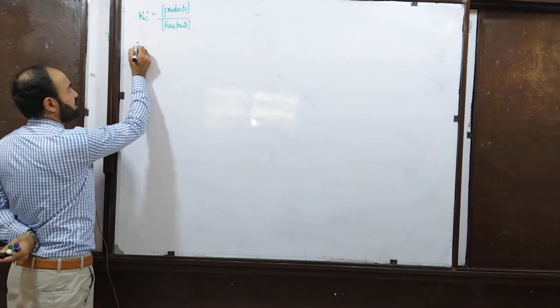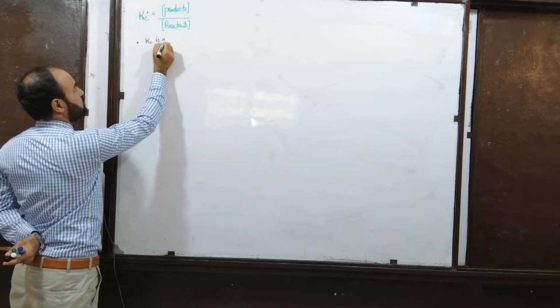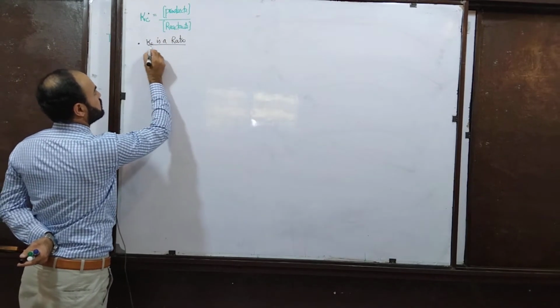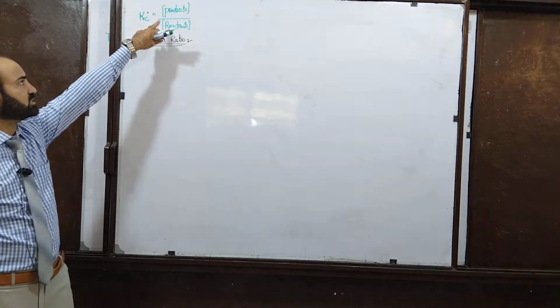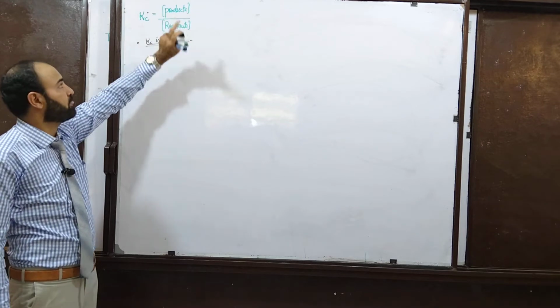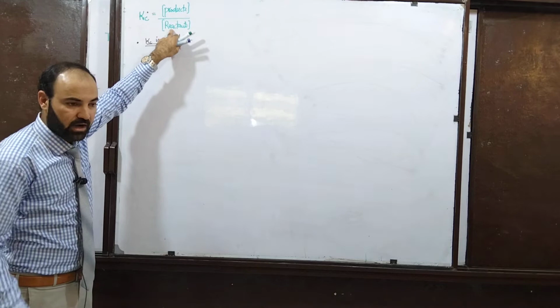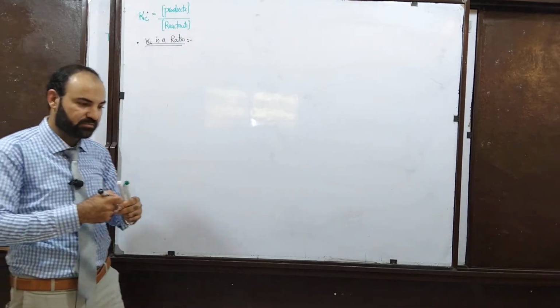Point number one: Kc is a ratio. Why do I call this a ratio? Because this is a ratio of the product of molar concentrations of products divided by the product of molar concentrations of reactants. I use the term product only for multiplication, according to the textbook.